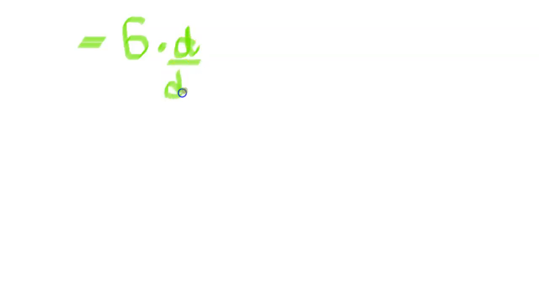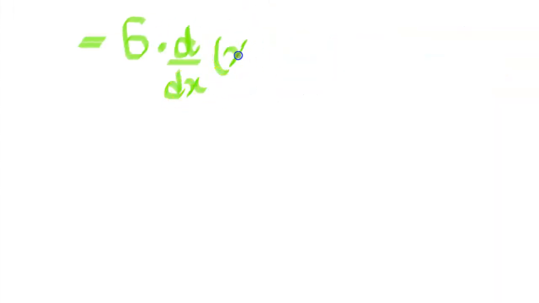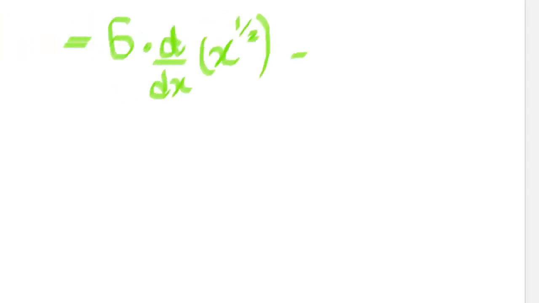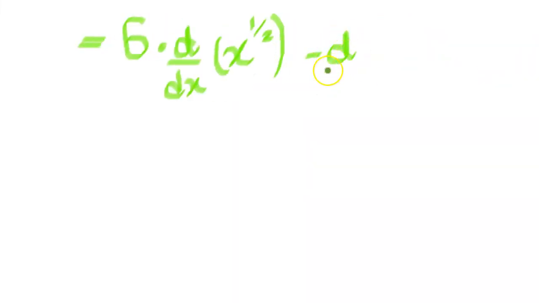Now if we go to the next page, the 6 comes out and I need to differentiate just that bit, which is x to the half. And the other one, I'm just going to do in one single step, minus d over dx of x to the minus half.